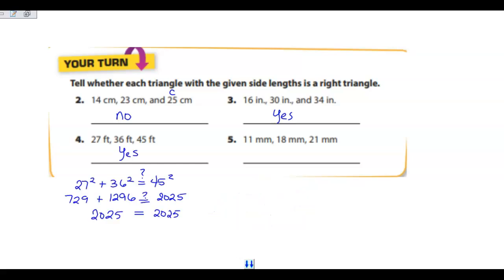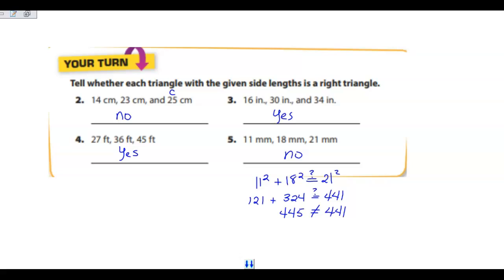You should have determined that both sides are equal to 2,025, so yes, this is an example of a right triangle. Go ahead and move on to number 5. You should have determined that 445 is not equal to 441, so no, this is not a right triangle. If you have any questions, please make sure you talk to your teacher.